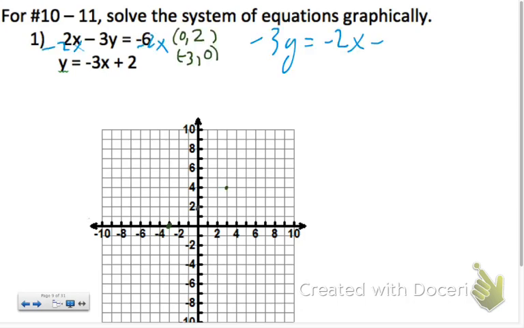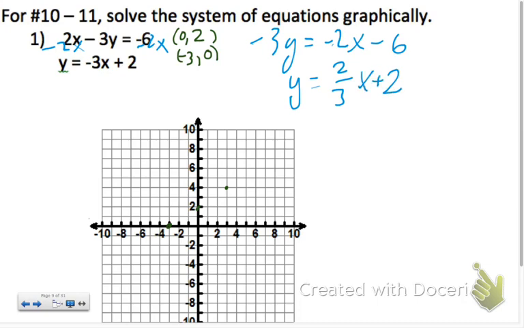And then I would divide everything by negative 3 and get y equals 2/3 x, right? Negative divided by a negative would give me 2/3 x. And then negative 6 divided by negative 3 is going to be just a 2.